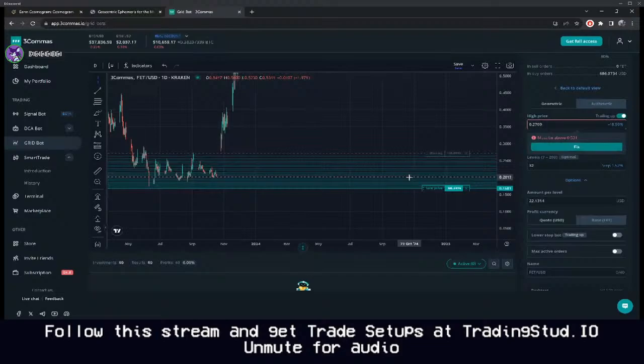Then, if you're not home, you're not at a computer, that DCA bot's going to pick that buy up for you. And then you don't even have to set a take profit. You can have a stop loss set or a trailing stop loss, and then just wait on the trade to happen and close the trade whenever you want.